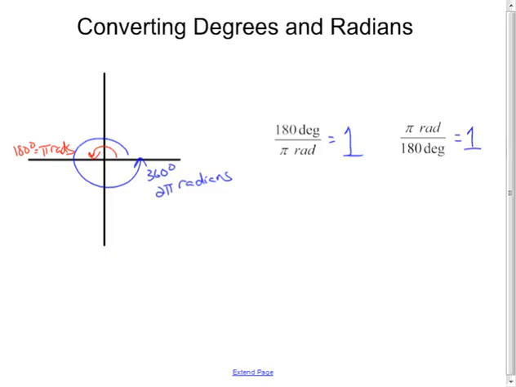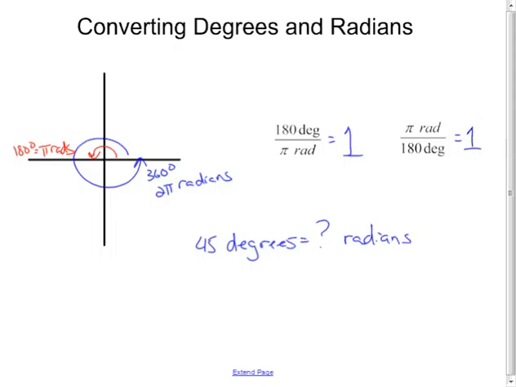Okay? So these are very useful when doing conversion. Now, here's the deal. I'll do some pretty simple examples so you can almost anticipate the answers and show you how they work. So 45 degrees is equal to how many radians?